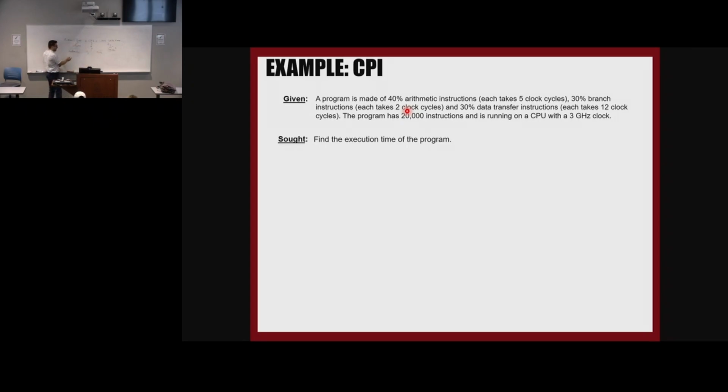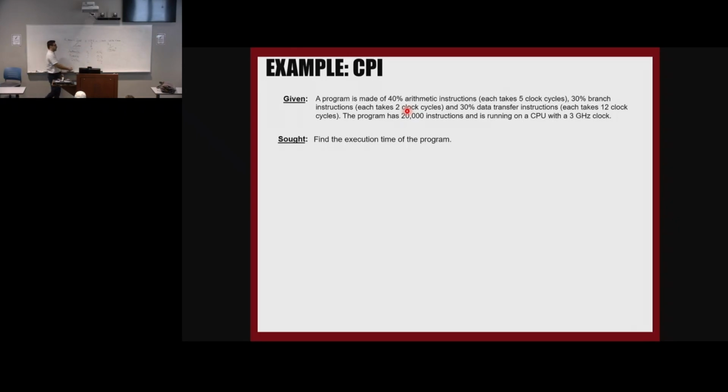Then I have the branch instructions. It needs 2 clock cycles and the workload is 0.3 of the entire workload. And then we have data transfer. It needs 12 clock cycles, and it is, again, 30%.